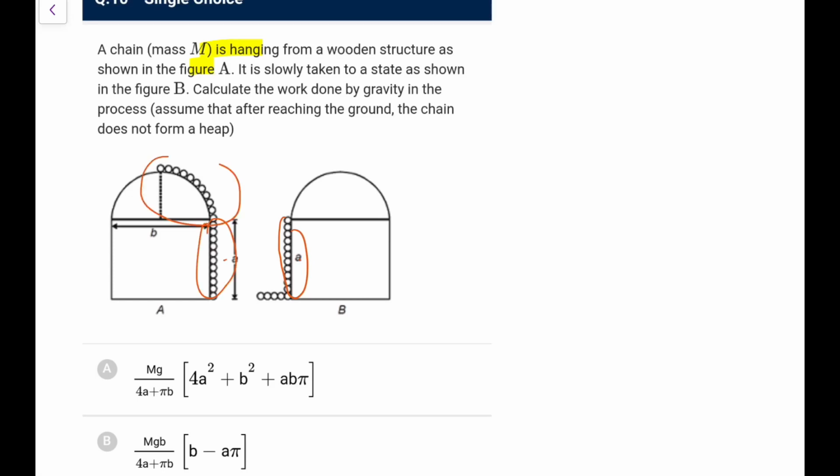So what is happening, this one we call it a, it is a semicircular ring, and we have to check its potential energy, because it is now here at zero height.